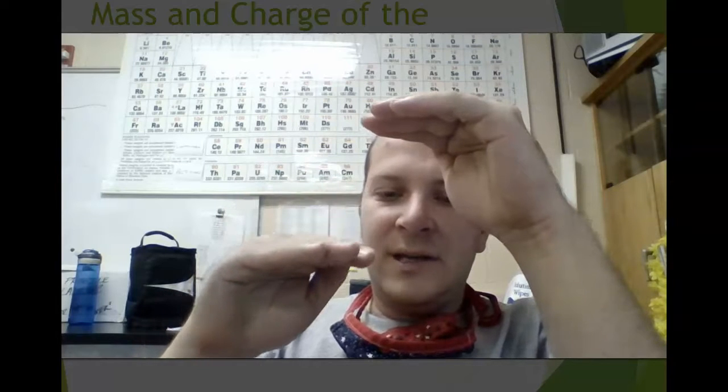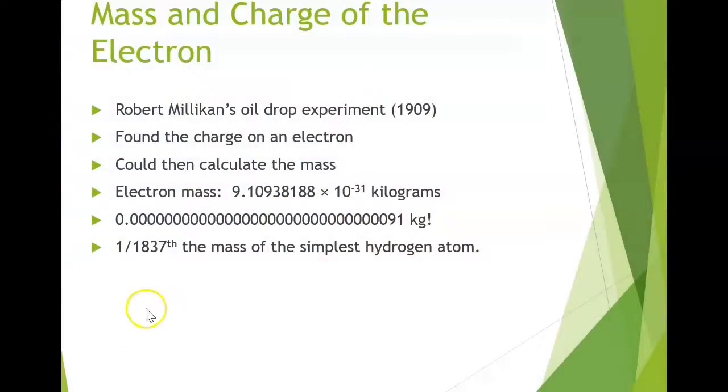If he had the cathode on top and increased the charge, the oil dropped very slowly because it was attracted to that positive charge up there. If he put the negative charge, they repelled really fast. They went down so fast you can't even see it. And that's how he got the charge. The mass he was able to see through a microscope. He was able to see the size and record its mass.